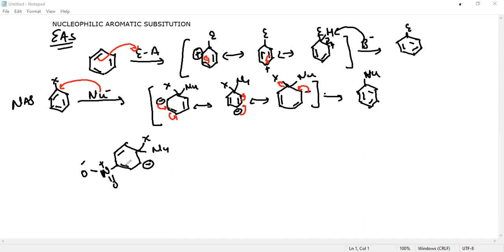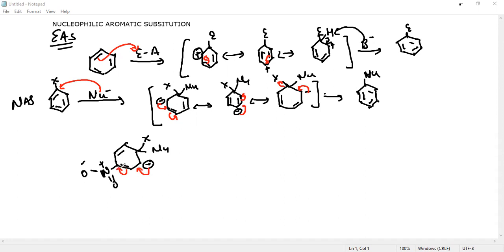So what if we have an electron withdrawing group over here? Let's see how this is going to make the attack of the nucleophile more favorable on this benzene ring, how this electron withdrawing group would help this situation. So we know that this can move here, and this pi bond would be pushed here.